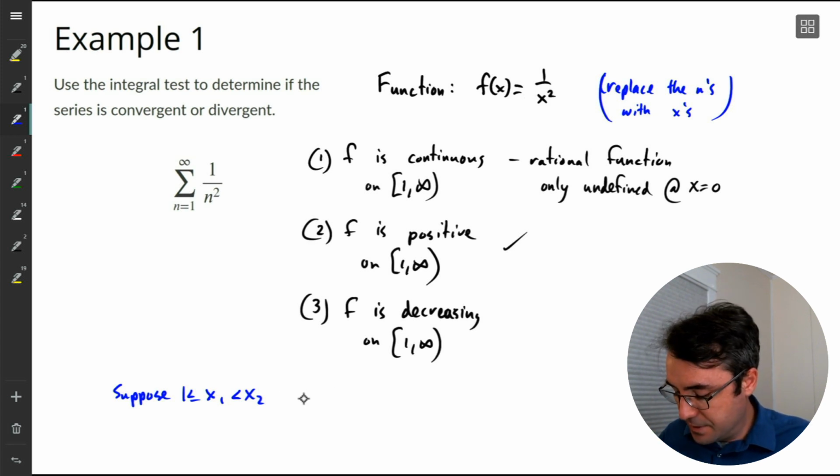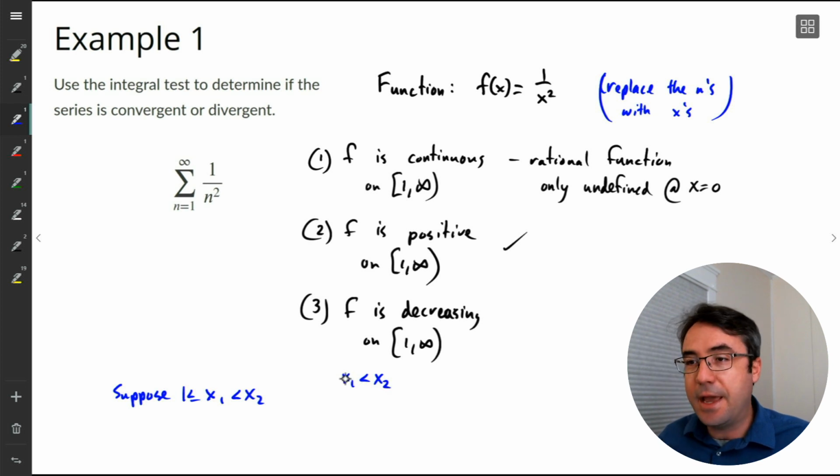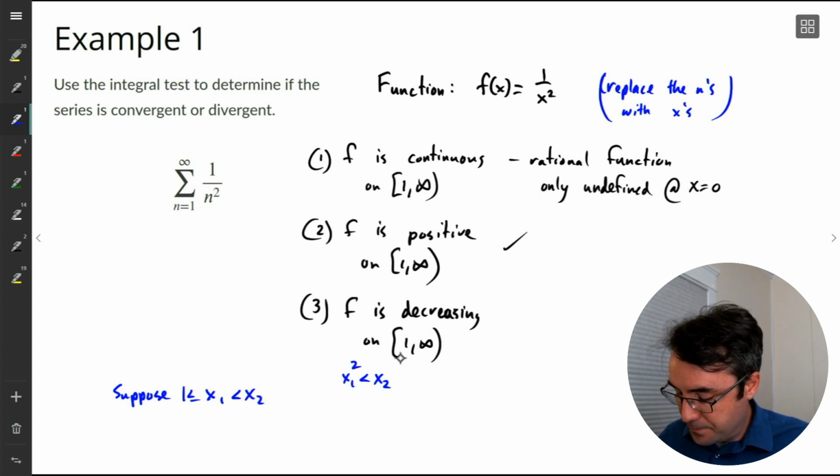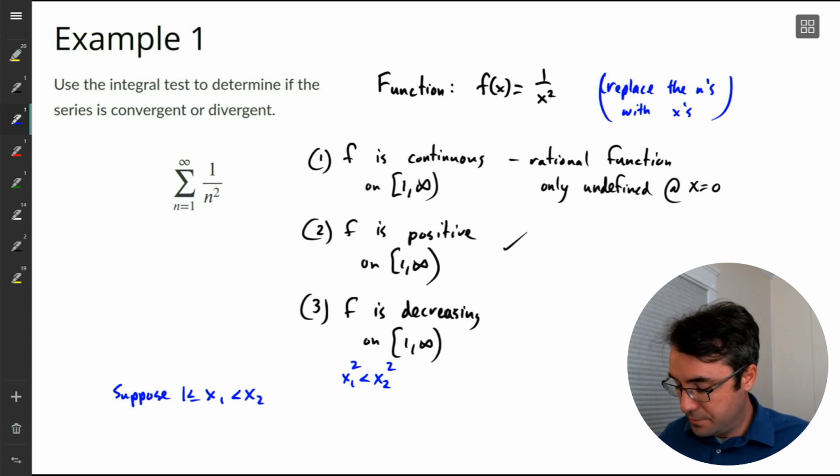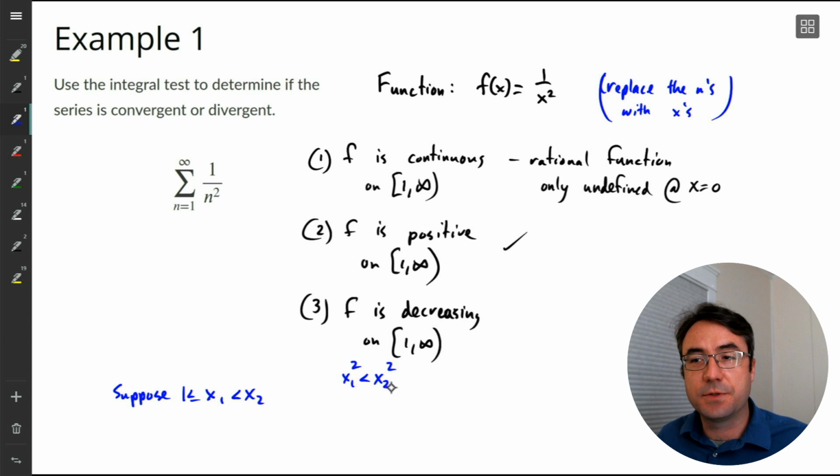So let's see what happens. We start with x1 less than x2, and then we can square both sides of this inequality. Squaring preserves the inequality, so x1 squared is going to be less than x2 squared. And then once we do that, we can take the reciprocal of both sides.